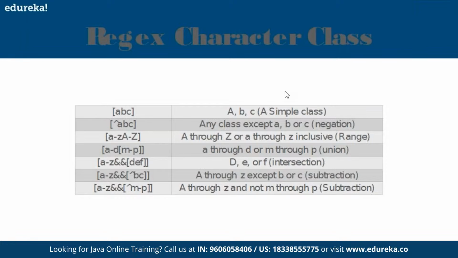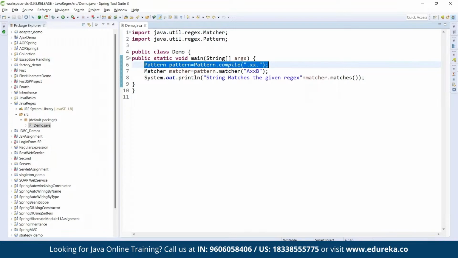If I use negation, it means any character except A, B, C. Similarly, a to z or capital A to Z includes ranges. Similarly, if I give A to D, it will be within this range. Now, in order to understand this scenario, let me take the same example.